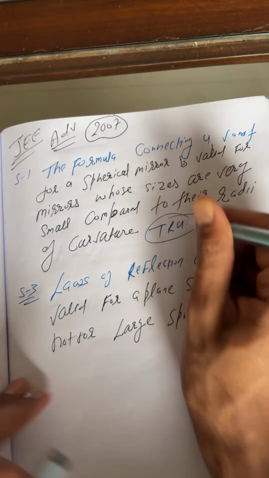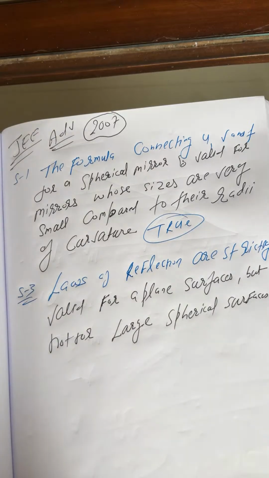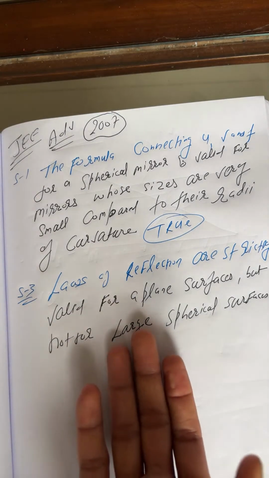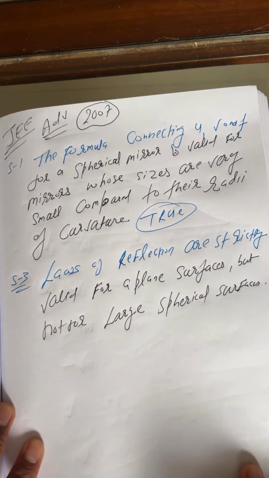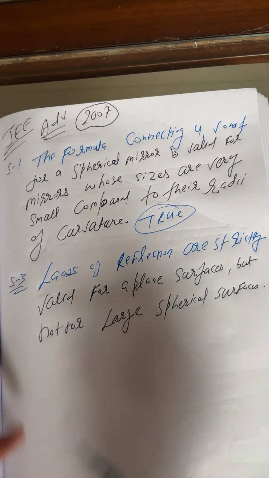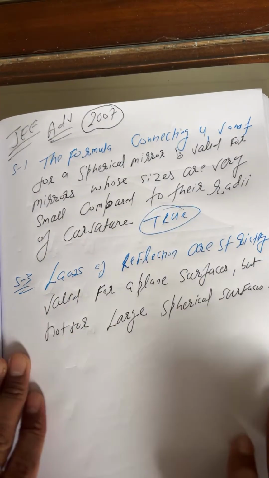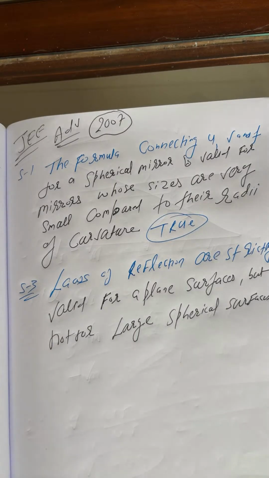Statement first is true. Right. What's the next? Laws of reflection are strictly valid for plane surfaces. Oh no, it's wrong here. I said in the classroom, laws of reflection are applicable for all kinds of mirrors. Right. So what's the answer here? Statement first is true, second is false. Just remember when they asked this question, Advanced 2007.